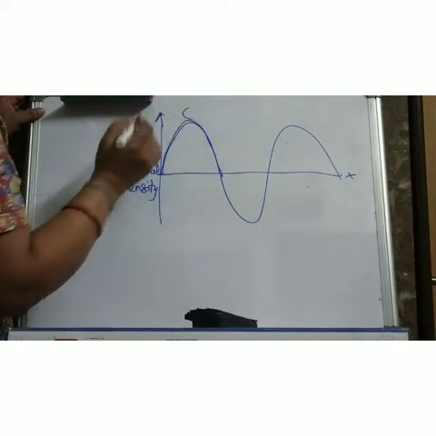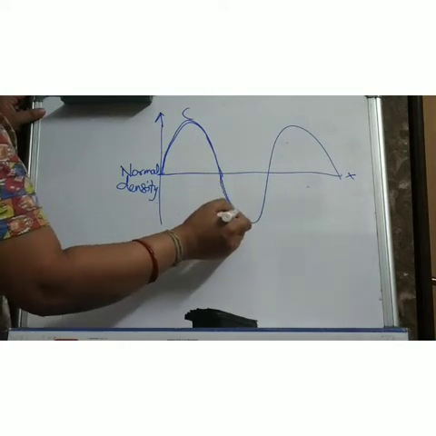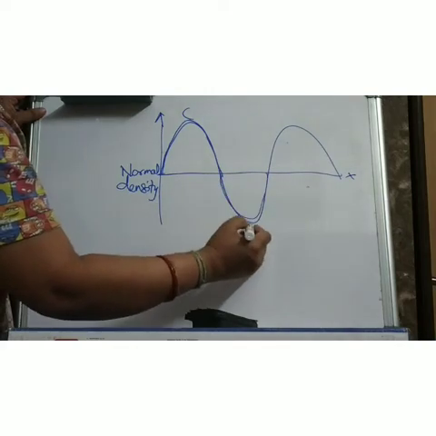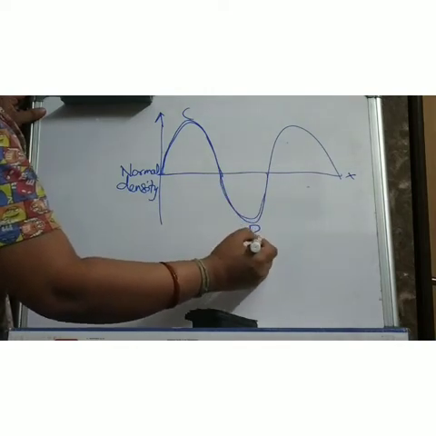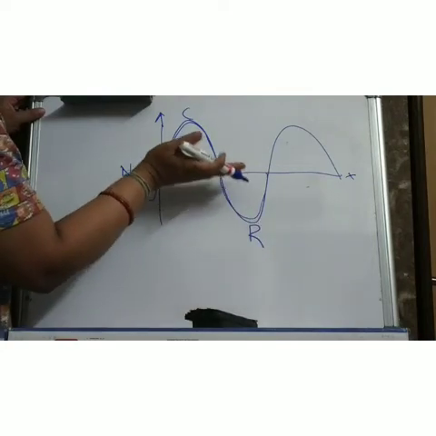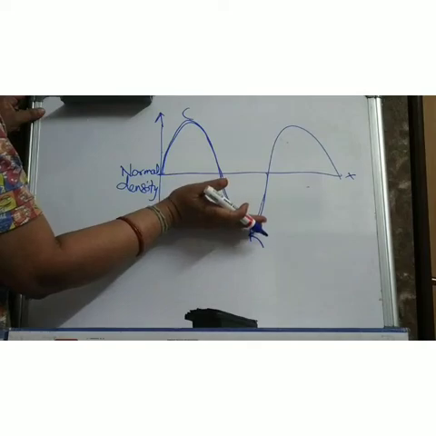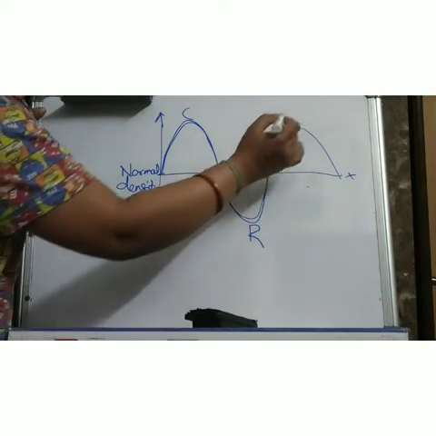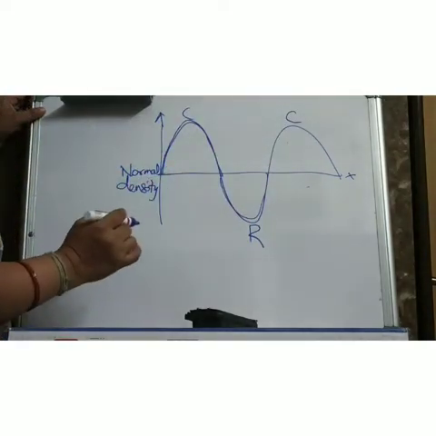So this is your compression. And what about this? This is your rarefaction. Here density is less, it is below the normal density line. Again you will see compression over there.